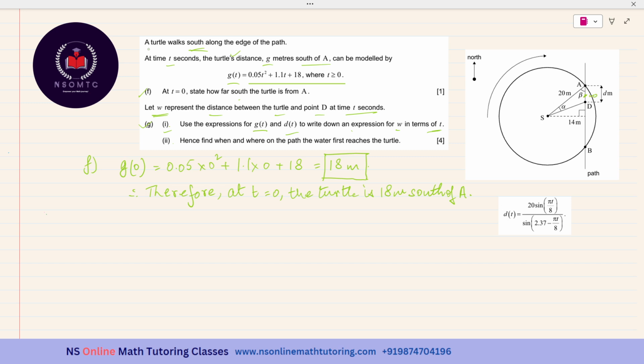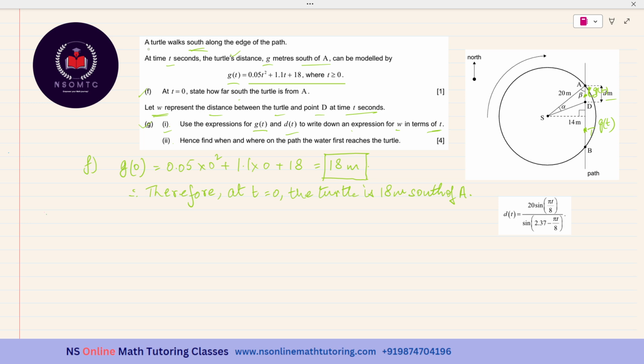If it is over here, then this portion will be g of t, and this whole thing is d of t. Or this turtle can be somewhere over here also, then this et will be equal to g of t. So if the turtle is over here, g of t is less than d of t. If the turtle is over here, g of t is more than d of t.